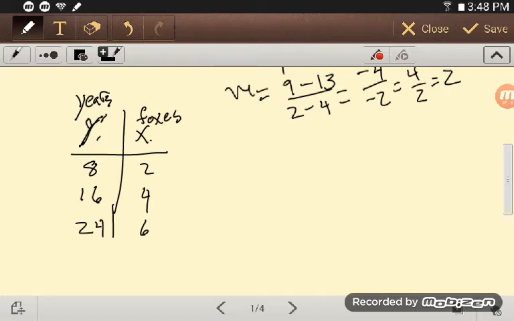Well, when you want slope, you really need to know more specifically.